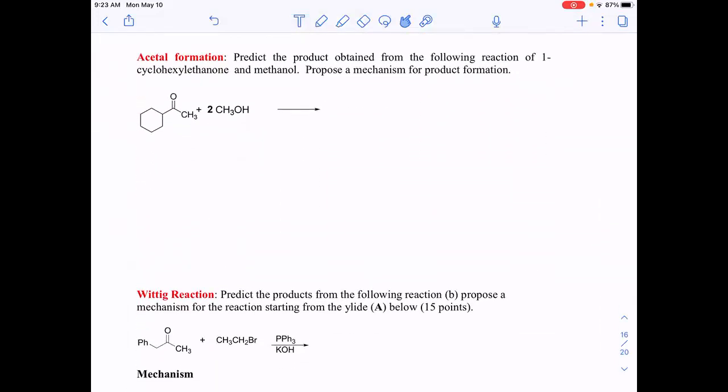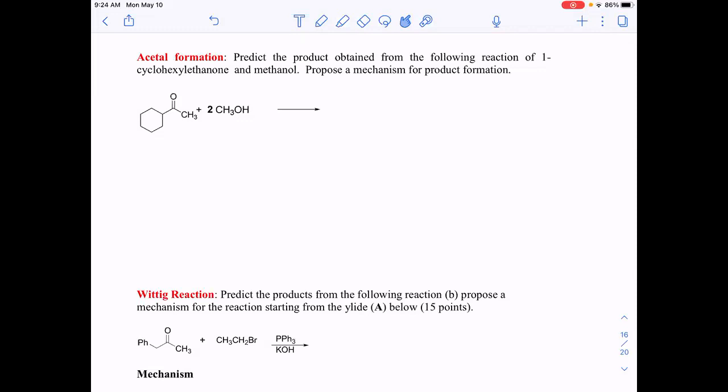It says predict the product and propose a mechanism. When it asks you to predict the product, all that means is what product are you going to get from this reaction? Then when it asks you to propose a mechanism, you have to show how you got it. So right here, let's predict the products first. Somebody tell me what reaction this is.